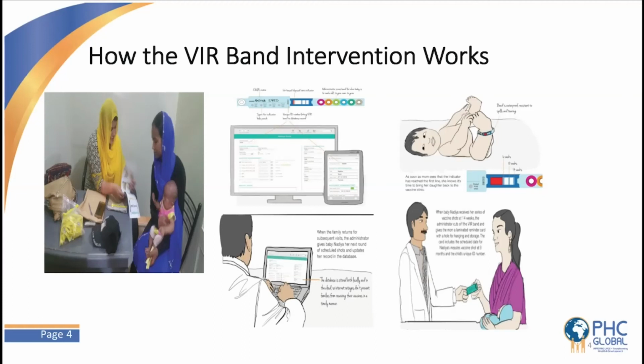The child's social demographic information and vaccination record is entered into a digital online vaccine registry during each visit. Once the child receives the third dose of pentavalent vaccine, the parents are provided a laminated card which has the vaccine record as well as the VMR number. The parents are also advised to bring the child at 9 months and 15 months for the measles vaccine.